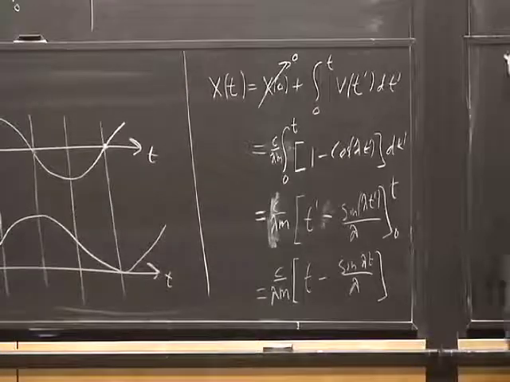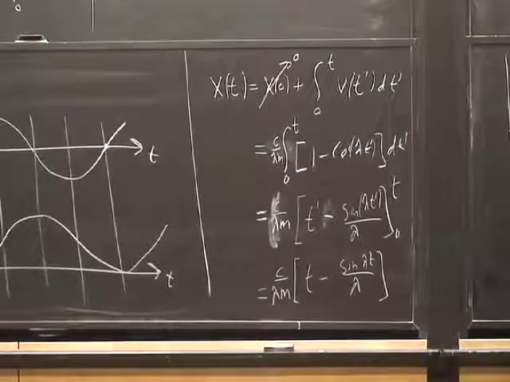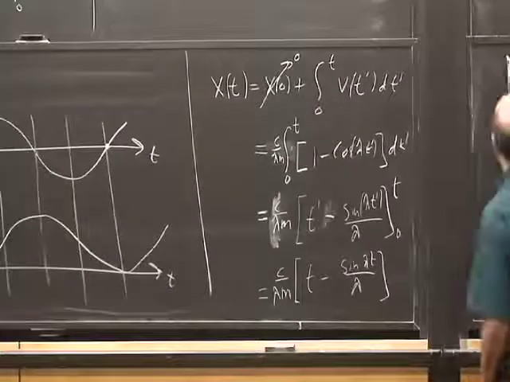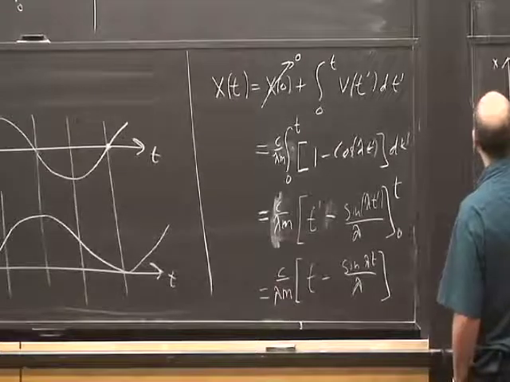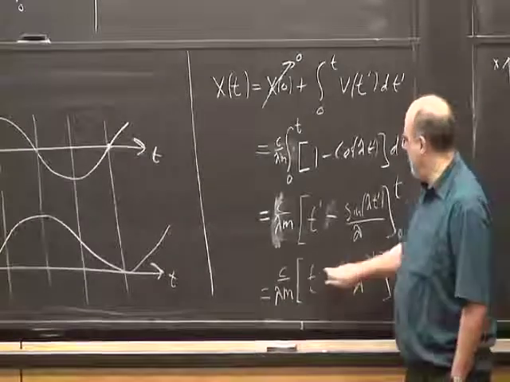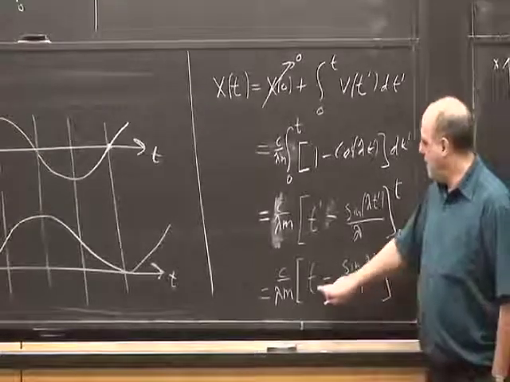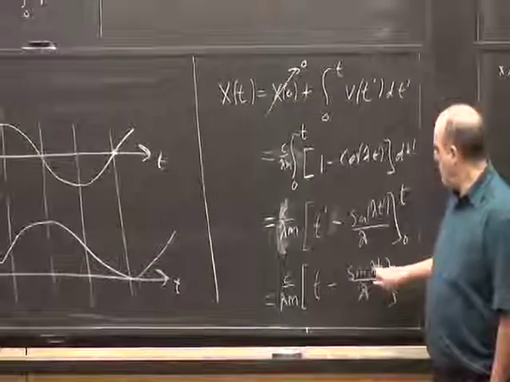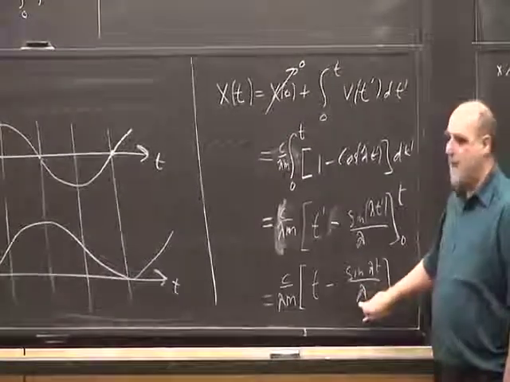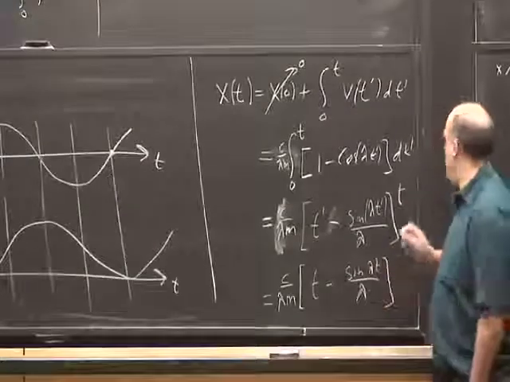So now we can make a plot of that function. Here's t and here's x. It starts out with this competition between t and sine of lambda t. This has a slope of 1. This has a slope of lambda, but we're dividing by lambda, so this whole thing has a slope of minus 1.